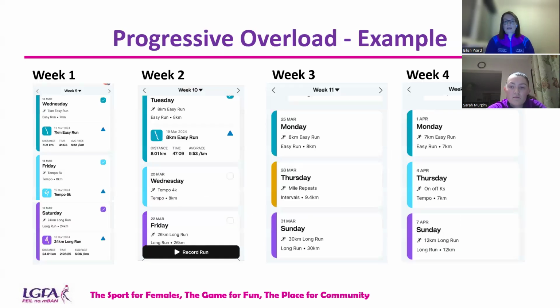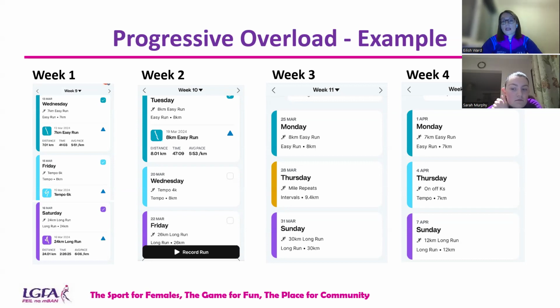So there's an example here that will bring it to life a little bit. This example isn't from a Gaelic perspective, because that can be quite difficult to quantify in some aspects. This is from a marathon training plan. You can see up the top it says week 1, and underneath it says week 9.